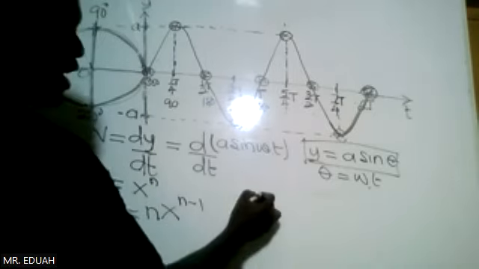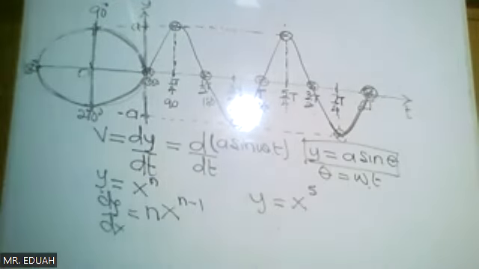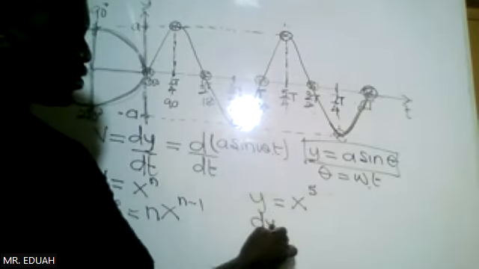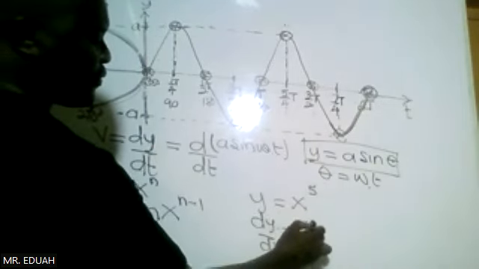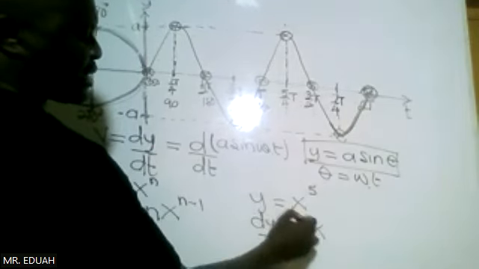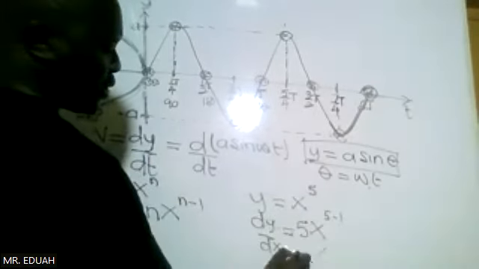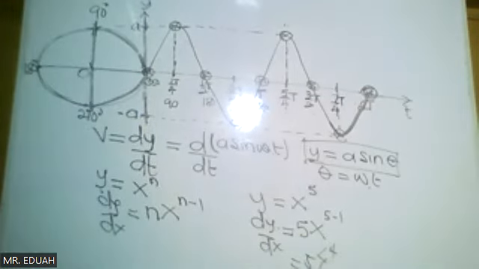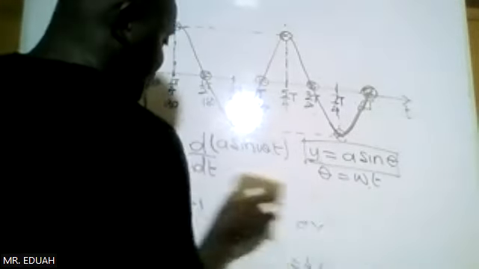So for example, if y is equal to x raised to the power 5 and I'm asked to differentiate, dy on dx will be equal to 5 times x, then the power reduces by 1, 5 minus 1, which is 5x to the power 4. This is the differentiation of a common function, a linear function.